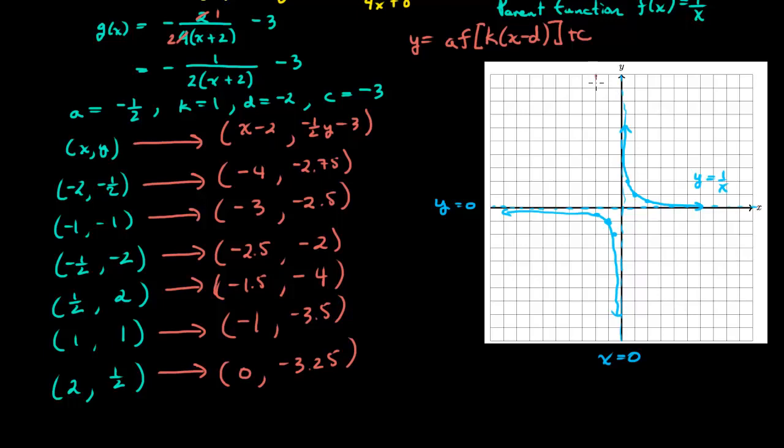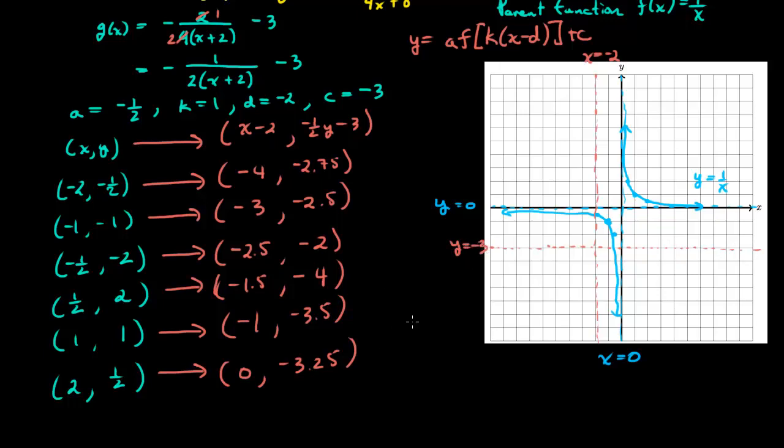So that means my vertical asymptote will be at x is equal to -2. So that's my vertical asymptote, x is equal to -2. I also have a horizontal asymptote that has been translated 3 units downward. So I've got a horizontal asymptote at y is equal to -3. So that's my horizontal asymptote, y is equal to -3.